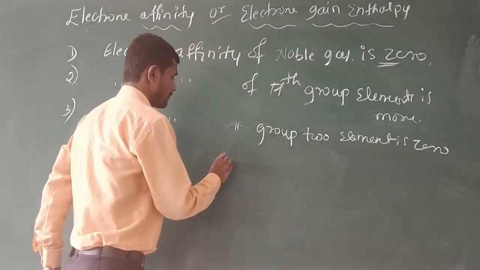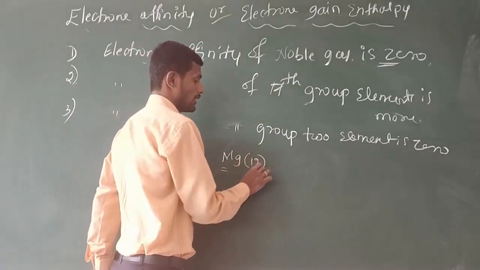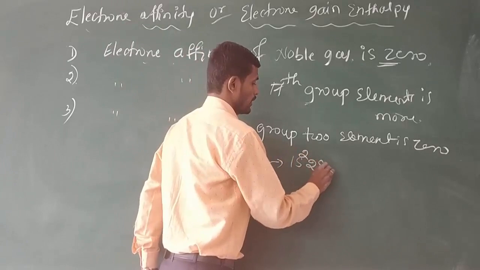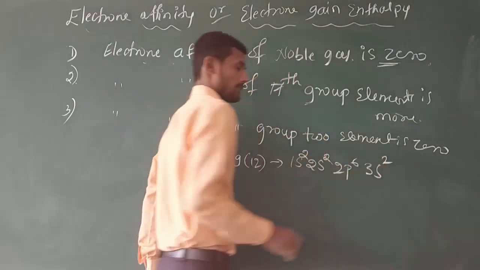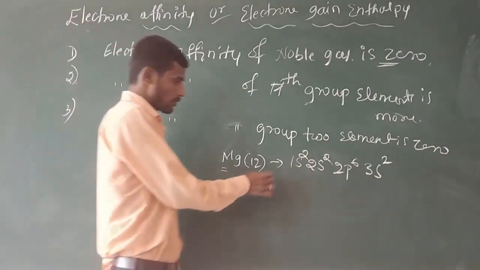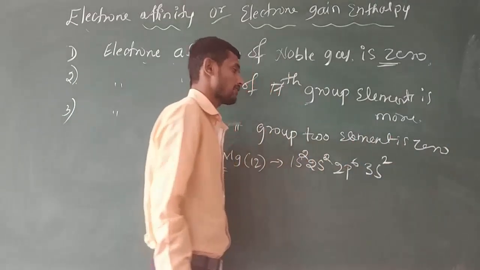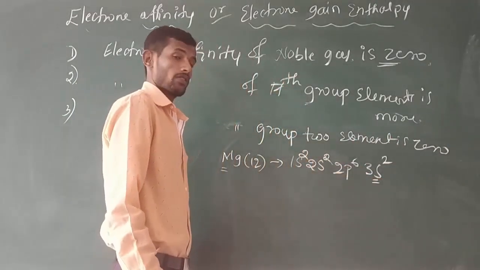If you take an example, magnesium, its atomic number is 12. Therefore, its electronic configuration is 1s2, 2s2, 2p6, 3s2. Is it right? 12 electrons. Yes, in the valence shell there are 2 electrons.